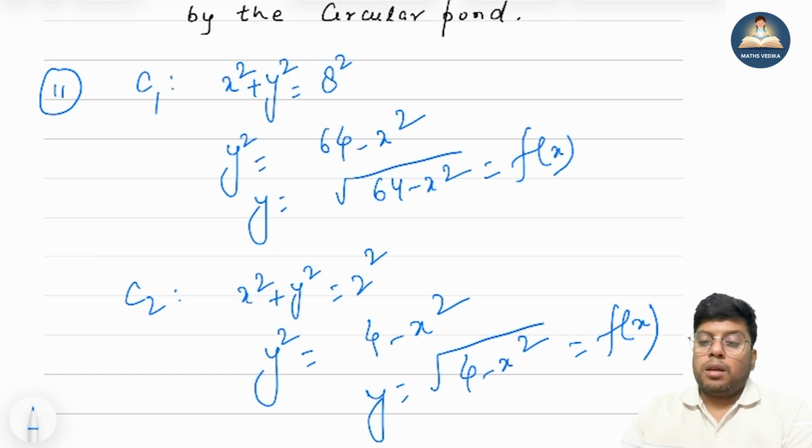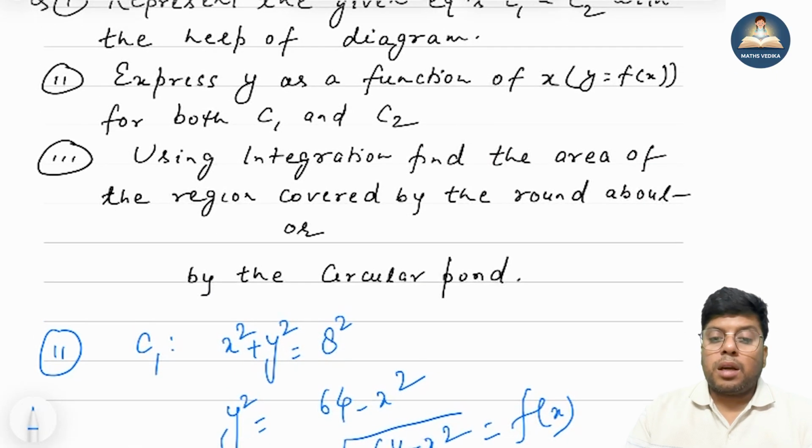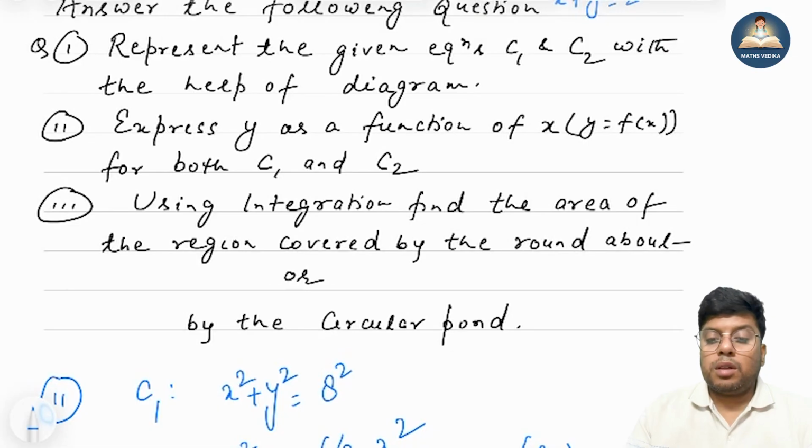So this is y is equal to f of x. This is the answer of question number 2: express y as a function of x, that is y is equal to f of x, for C1 and C2.